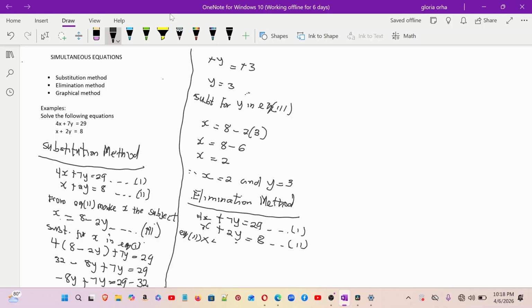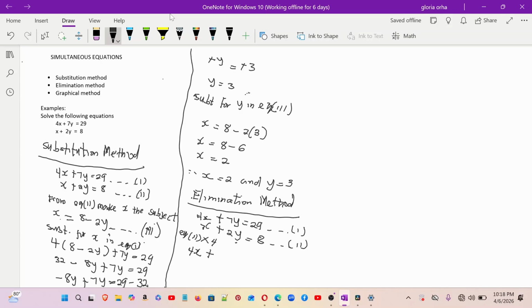So it will now be 4x plus 2 times 4y will give us 8y equal to 4 times 8 will give us 32. So can I call this equation 3?